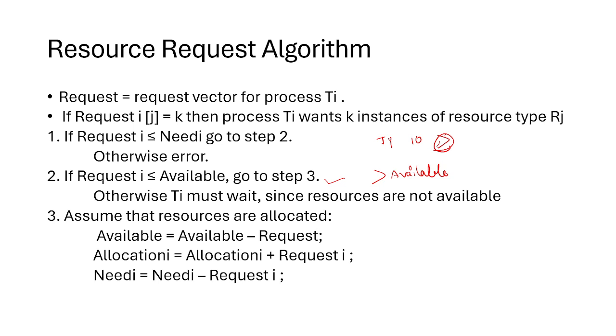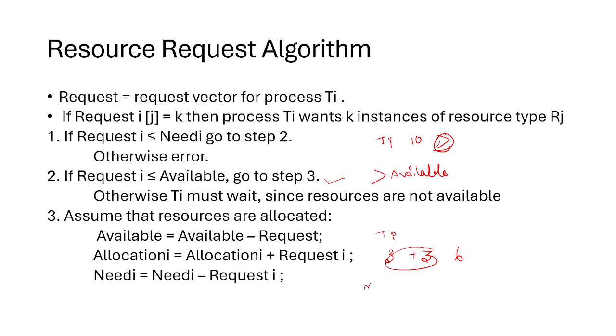Now, having allocated, we have to update these three. Available equals Available minus Request, because we have allocated those many resources, so we subtract that from the available resources. Then Allocation equals Allocation plus Request. For example, if 3 resources have already been allocated to thread Ti and it now requests 3 more, then a total of 6 has been allocated to Ti. Then Need equals Need minus Request.